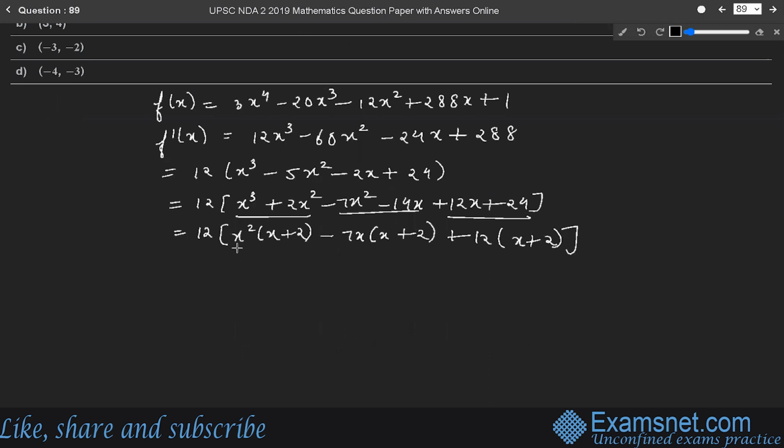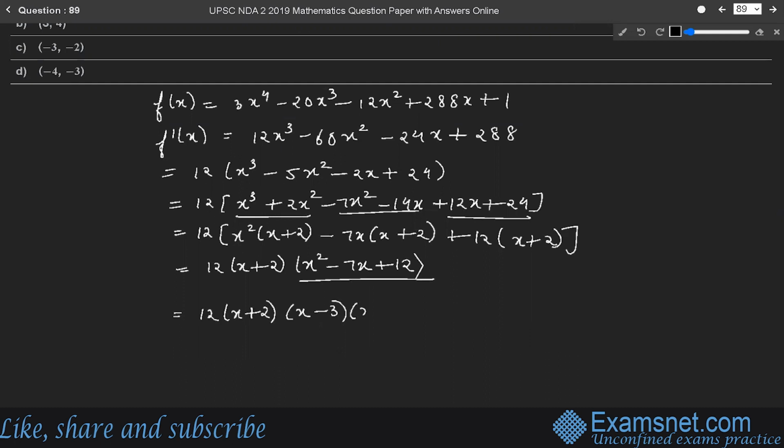So this will be equal to 12 into (x plus 2) into (x^2 minus 7x plus 12). Again factorizing this part, we get 12 into (x plus 2) into (x minus 3) into (x minus 4). Now for f of x to be increasing, we must have f dash x greater than 0.